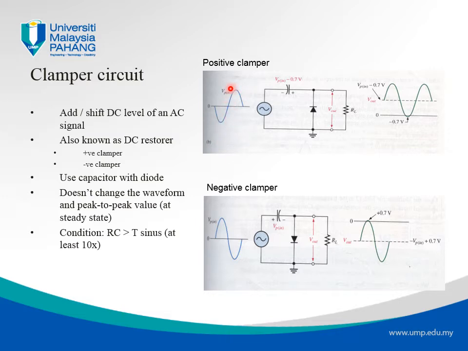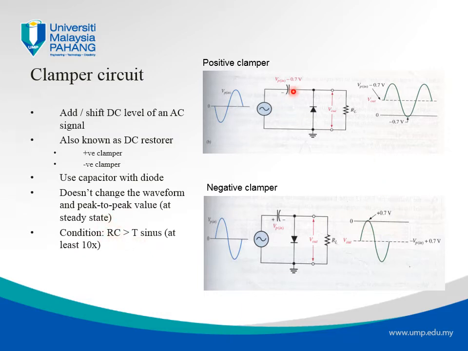So the difference of V max minus V min is still the same at the input and the output, right? The only thing is that you have created a DC shift, either on the positive side for a positive clamper or the negative side for a negative clamper. In order to do so, there's one necessary condition. We need to have a time constant RC larger than the period of the sinusoidal waveform. What is the time constant RC?